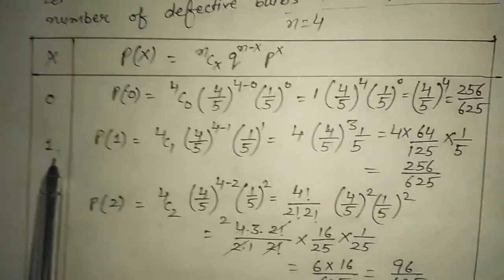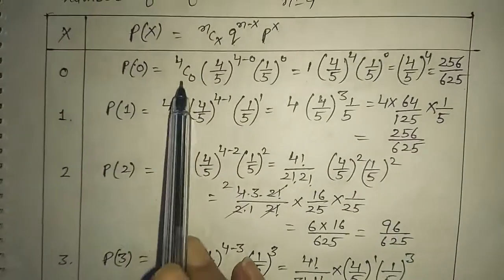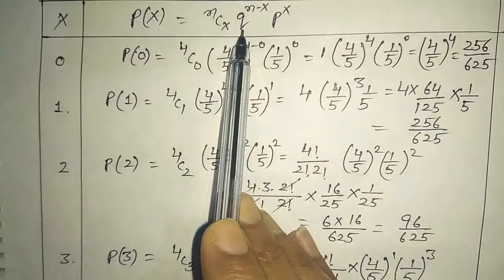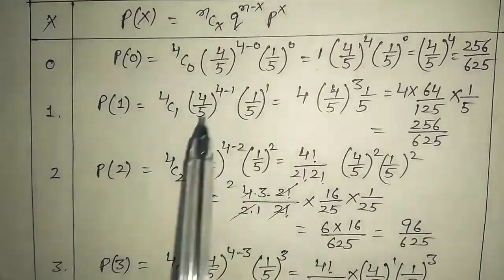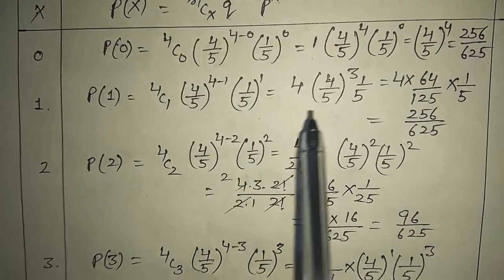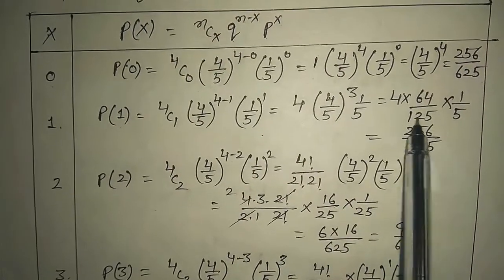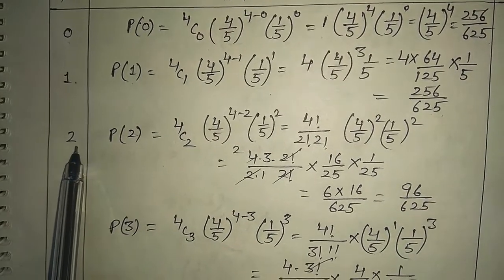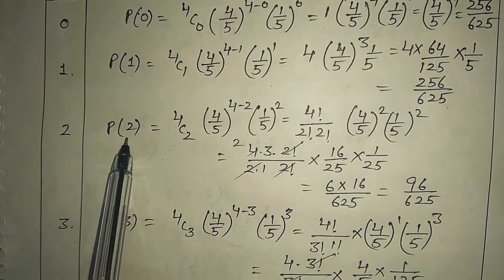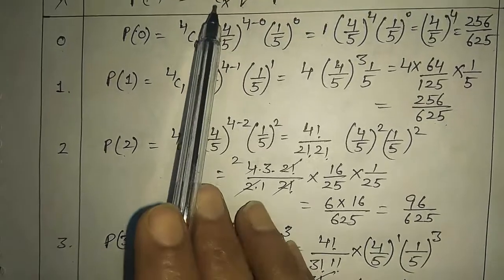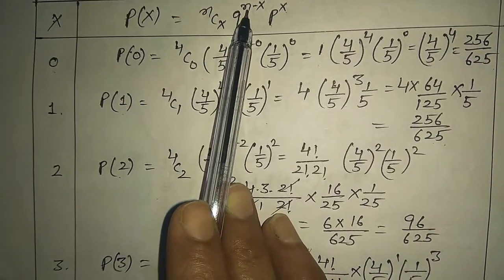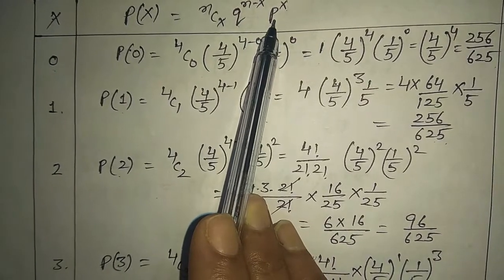Same, when x is equal to 1, what will be P1? In place of n, you will put 4, x is 1, Q is 4 by 5, P is 1 by 5. Put the values of these and after solving, we will get 256 upon 625. Same, when x is equal to 2, what will be P2? Put n as 4, x as 2, Q as 4 by 5, P as 1 by 5.